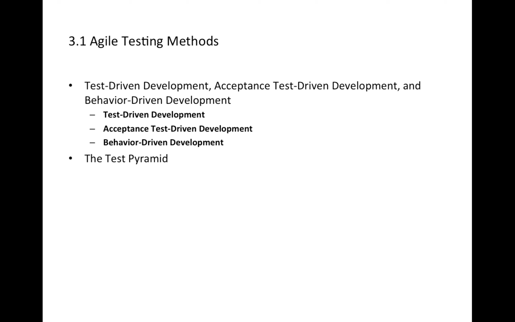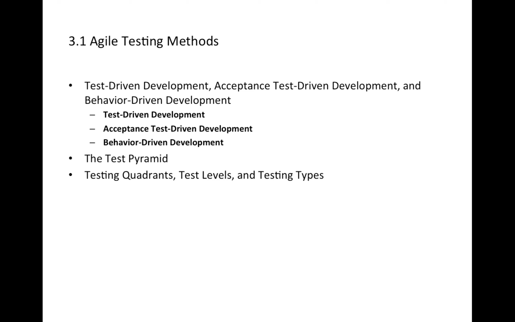Next, let's say testing quadrants, test levels, and testing types. In the test quadrants, tests can be business or user facing, or technology or developer facing. Some tests support the work done by the Agile team and confirm software behavior, while other tests can verify the product.